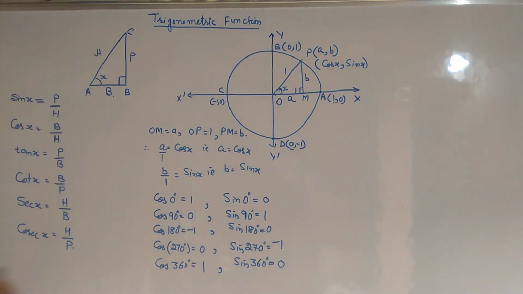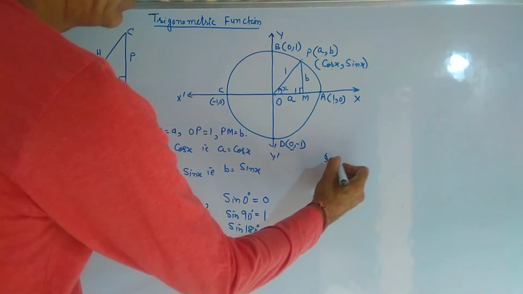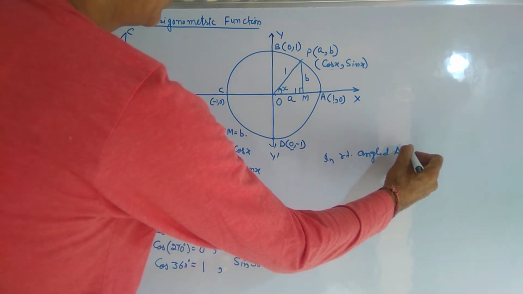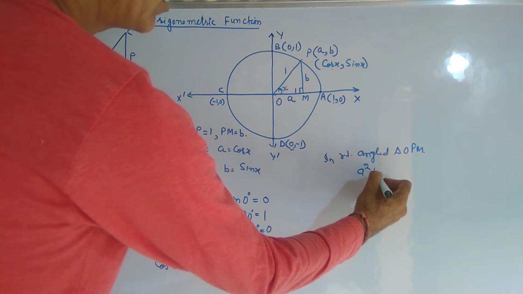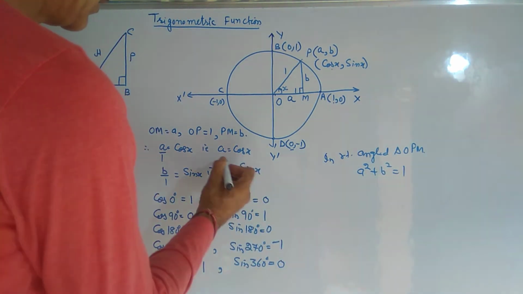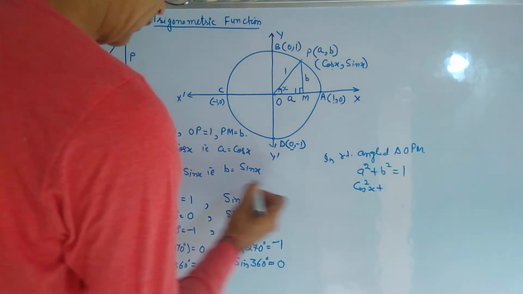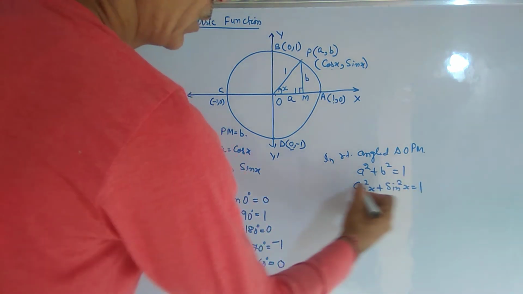So now see in this right angled triangle OPM, we know a square plus b square is 1. Now see here, a is cos x and b is sine x, therefore cos square x plus sine square x is 1.